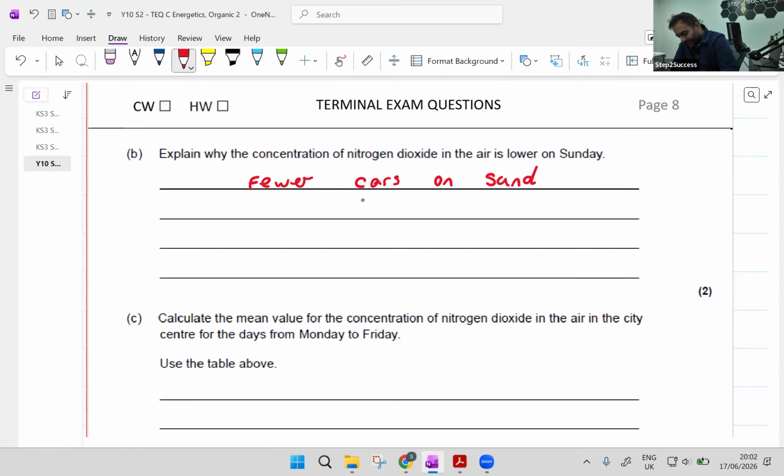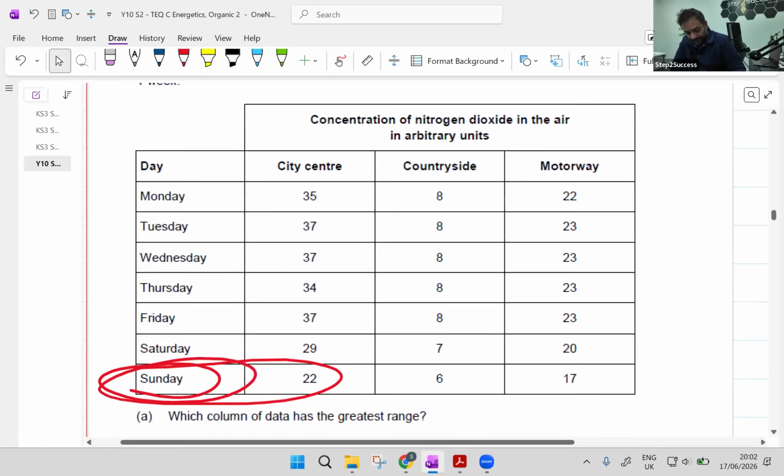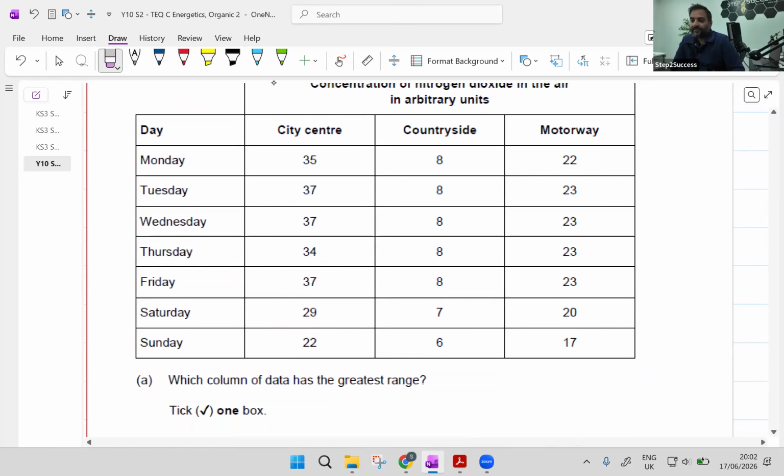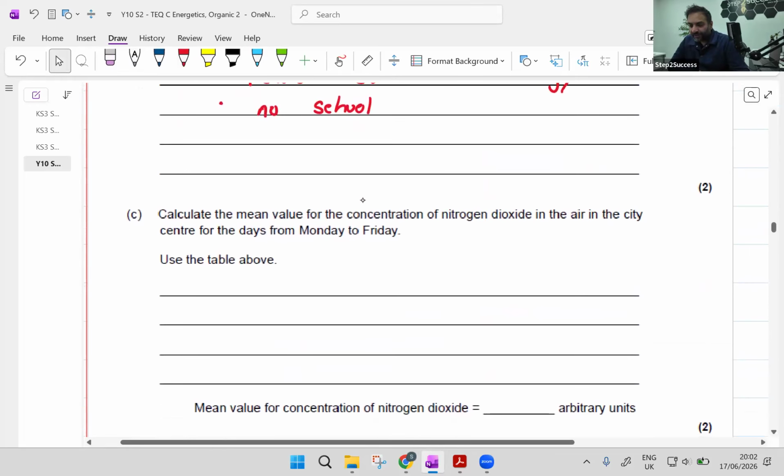Why? Because there's no school, people don't really go to work as much on a Sunday, that kind of thing. And as a result of that, the numbers for Saturday and Sunday are lower than they are for the rest of the week. So you generally have fewer cars on the road. So it's more of a common sense type thing than a chemistry thing.